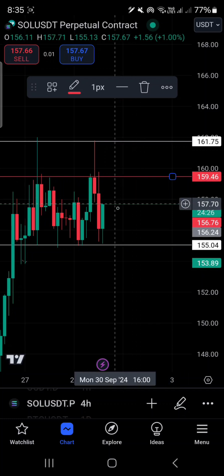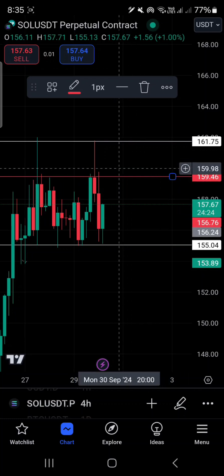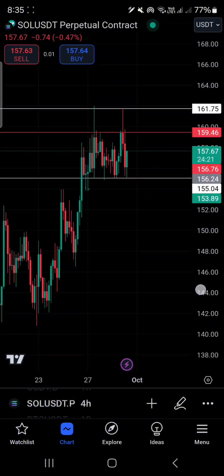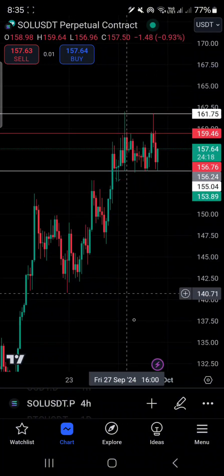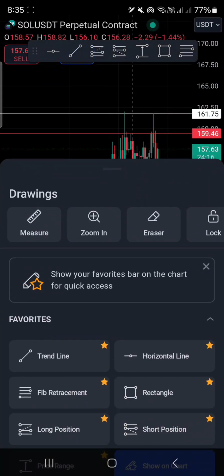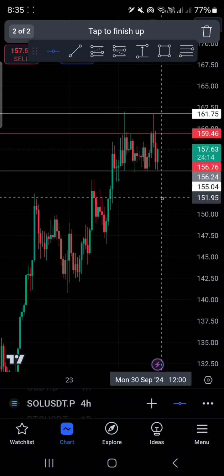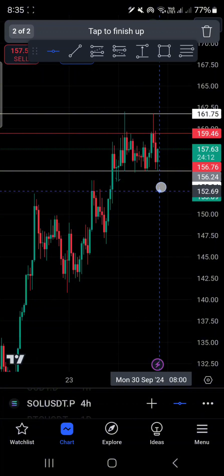That's when we can look at the upside. But as you can see, we are still on the reversal. So even here, I would still like to bring another horizontal line here as support.